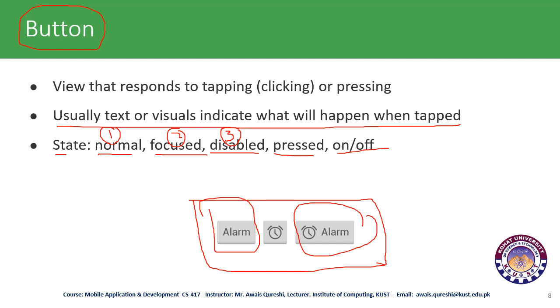Sometimes we need to disable a button so that the user cannot interact with the application. And the fourth one is the press state, and the fifth one is on and off. On and off is relevant to radio buttons, and pressed, disabled, focused, and normal states are related to these normal buttons.